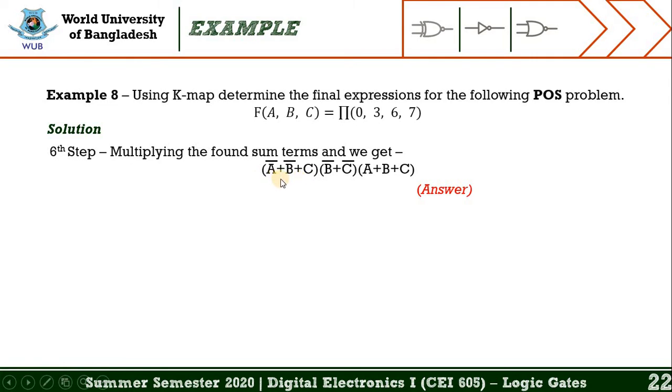We can write inside the first parenthesis A bar or B bar or C, inside the second parenthesis B bar or C bar, and inside the third parenthesis A or B or C. I hope you understand the two different kinds of problem. One is the SOP problem and another one is the POS problem. I hope there is no problem understanding. So let's move into the next slide.